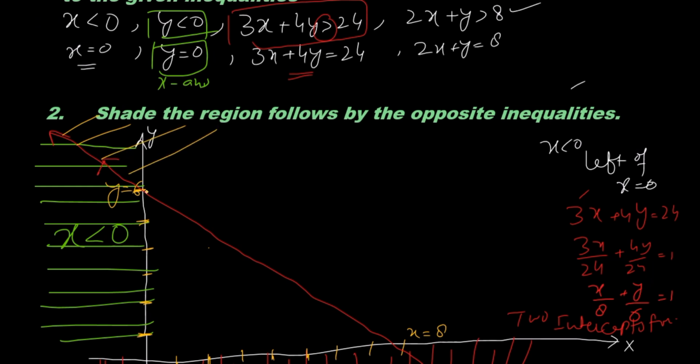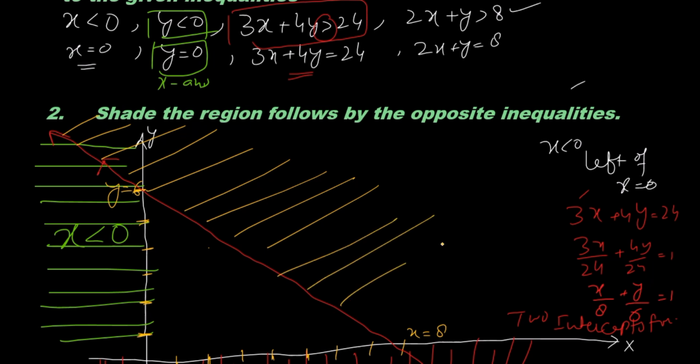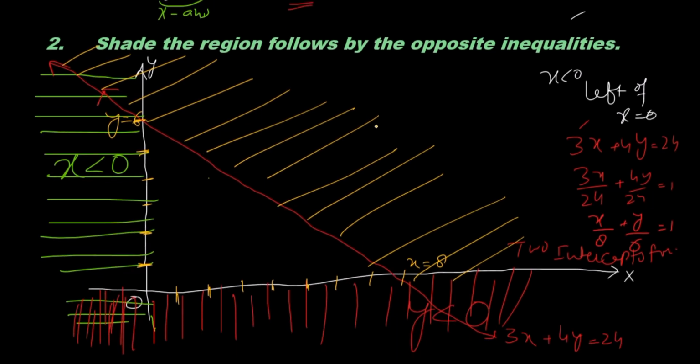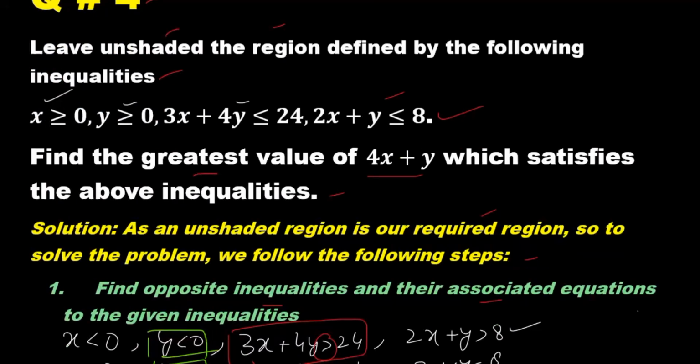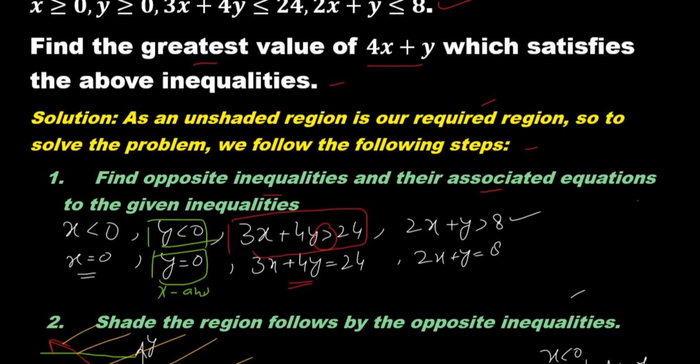So your shaded region will lie above this line like this. This yellow line shows the shaded region followed by the inequality 3x plus 4y greater than 24. The last inequality also consists of two variables x and y both.